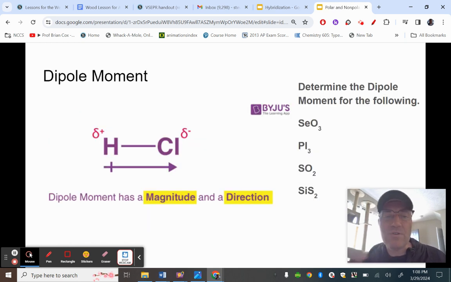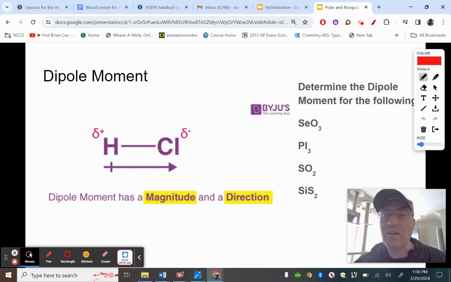So the magnitude and direction of the bonding is going to determine whether or not the molecule is actually polar or nonpolar. So an interesting thing, I kind of want to talk about PI3. All right, so I'm going to draw it out again. We drew it earlier. So it's trigonal pyramid. And what I mean by that is, okay, it has 3 bonded sites.